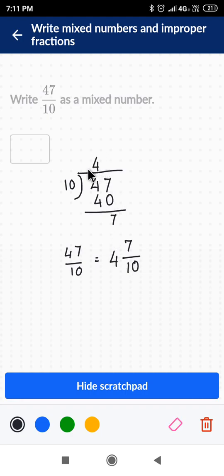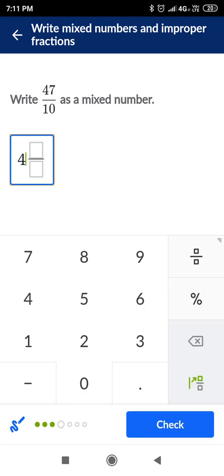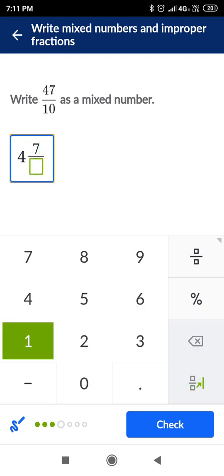Whatever we get as quotient, that comes before the fraction as integer, and whatever is the remainder, that becomes the numerator. Four, 7, 10.